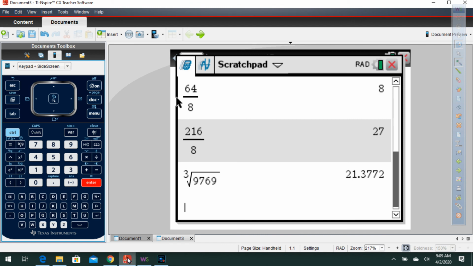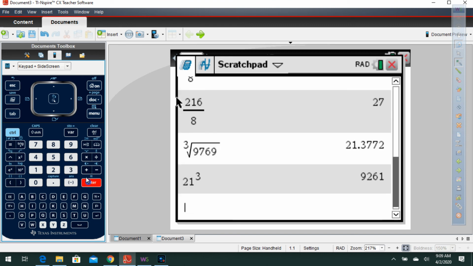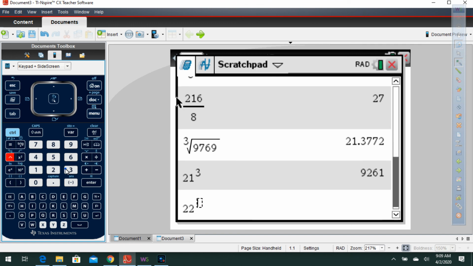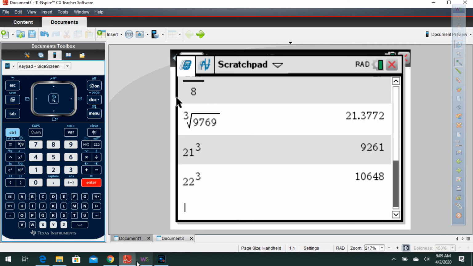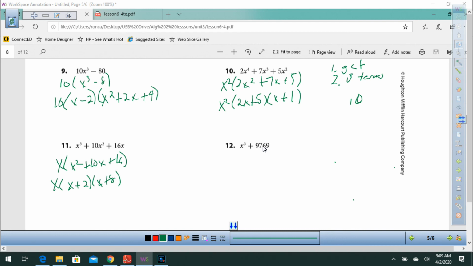Oh, 21. And we'll just check. 21 cubed, 9261, 22 cubed, 10648. So it looks like number 12 here is irreducible. And we can check that.